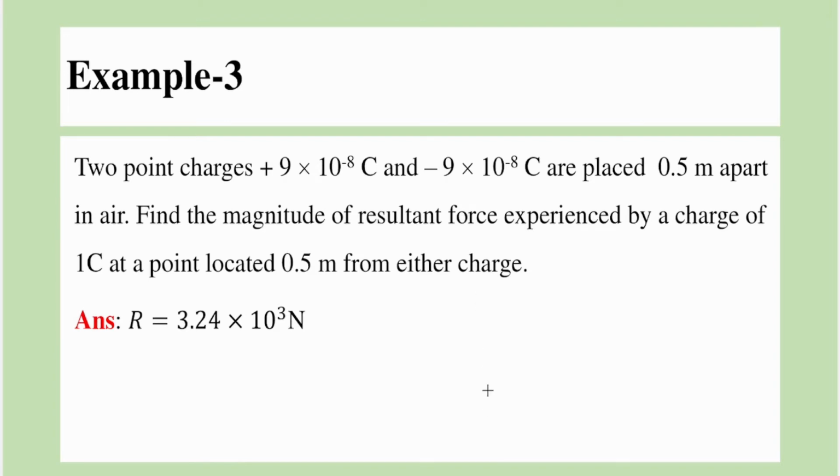It's very obvious that there are three charges at this point, this and this, and it's an equilateral triangle. So using the previous approach, solve this. The answer would be 3.24 into 10 power 3 Newton. That's the resultant force, given as R here, but R means resultant force. So solve and verify this also.